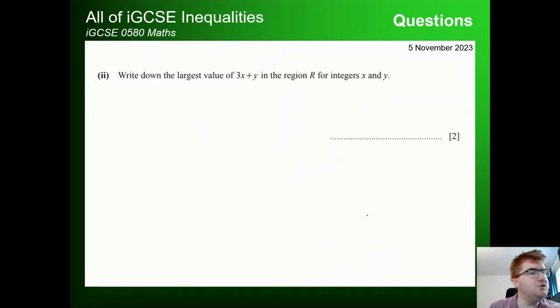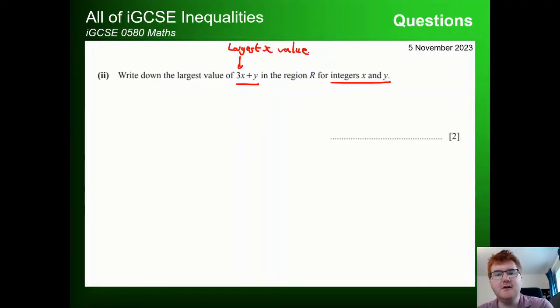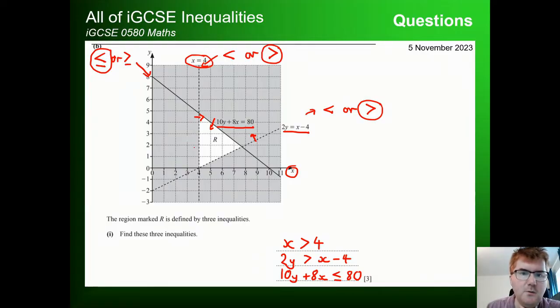Okay, and a nice little twist on this question right at the end is: write down the largest value of 3x plus y in that particular region, in that triangle, for integers x and y. Now, because we're timesing the x value by 3, we want the largest x value possible within that region. So if we go back to our triangle here, what is the largest integer value, whole number value, that exists here on the x-axis?